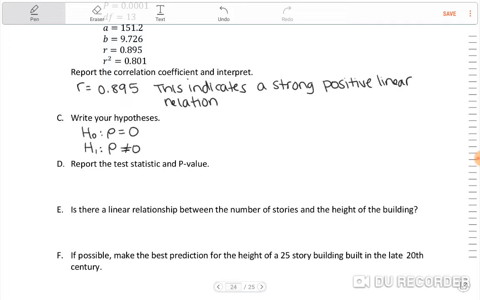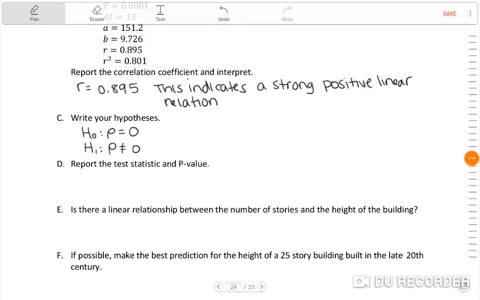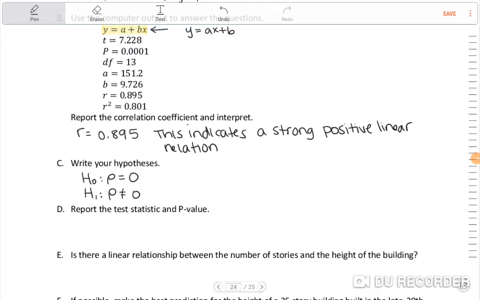And so if rho is equal to 0, then there is not a linear relationship between the variables. So you're basically testing to see if there is a linear relationship between the variables using a hypothesis test instead of using what we did, which was looking at the critical value on the formula sheet. All right, report the test statistic and the p-value. Okay, so your test statistic here is going to be t.